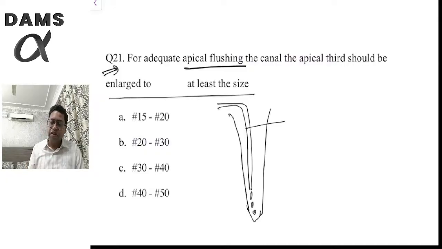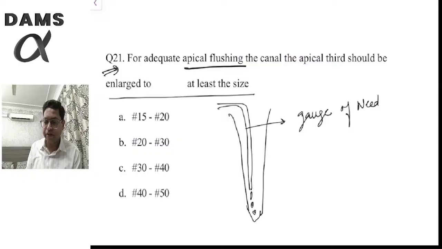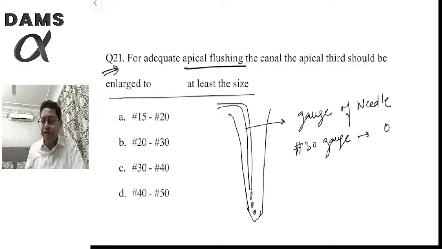How much the needle would penetrate depends upon the gauge of the needle. The smallest gauge of needle available is 30 gauge, which has a diameter of 0.30 to 0.33 millimeter.